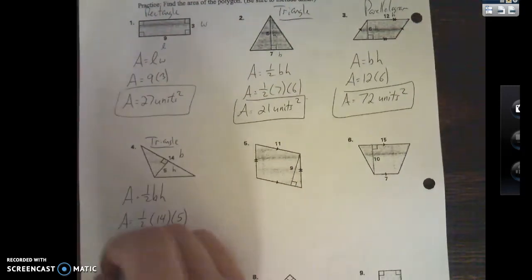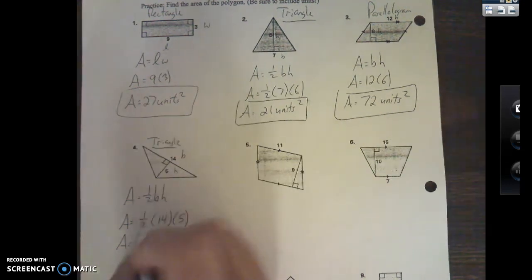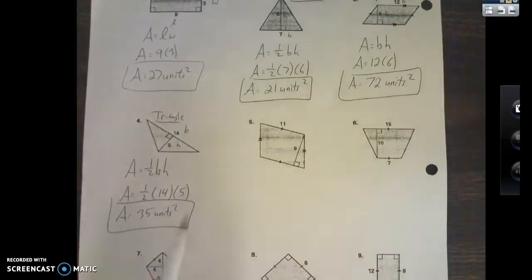I'm going to use a mental math trick. What is 1/2 times 14? 7. 7 times 5, 35. Cool. Okay. The reason I do that too is if you try to do 14 times 5 first, you're going to have to get 70, then divide by 2. It's easier to work with smaller numbers.